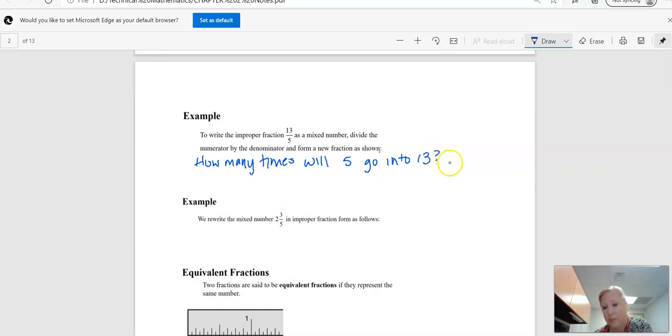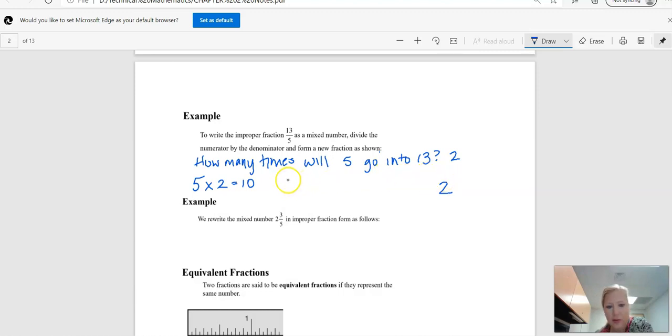Well, 5 will go into 13 evenly 2 times, right? Because 5 times 2 is equal to 10. That's going to be the first part of our mixed number, the 2.